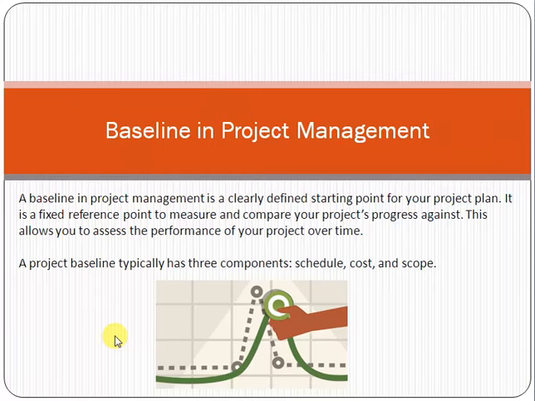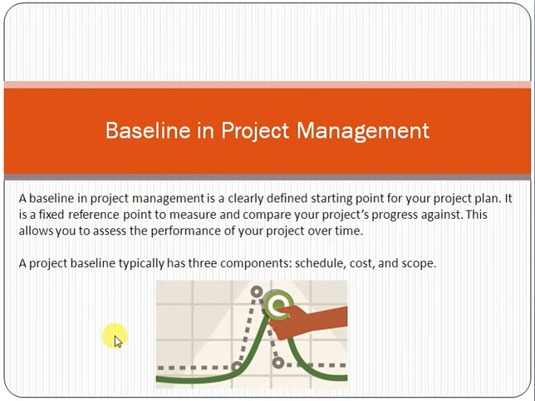Another example: you baselined that the project should be completed with $6,000 cost, and in actual the project was completed with $8,000 cost. That means you were over budget, you expended more than the planned value, and you have completed the project at a loss.